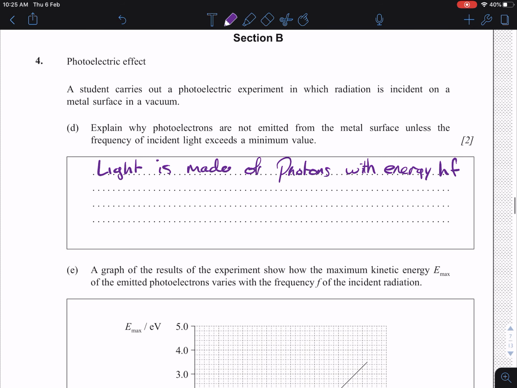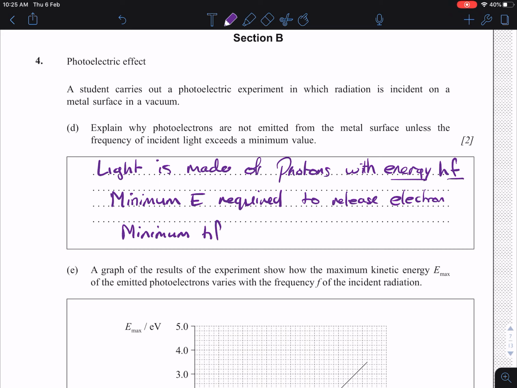And there's a minimum energy required to release an electron. And if there's a minimum energy required, then there must be a minimum frequency required. So there's a minimum hf, therefore a minimum frequency.